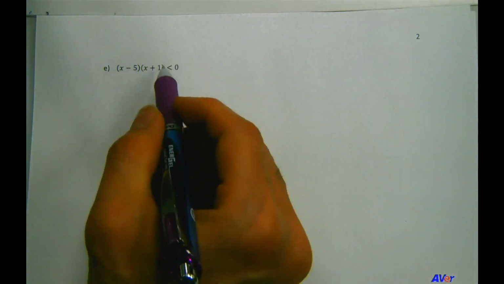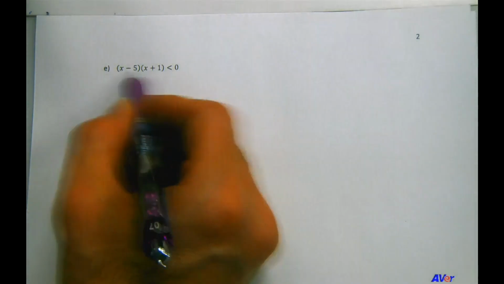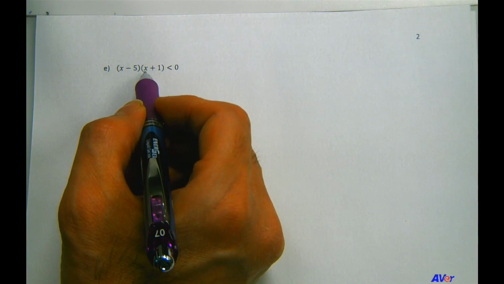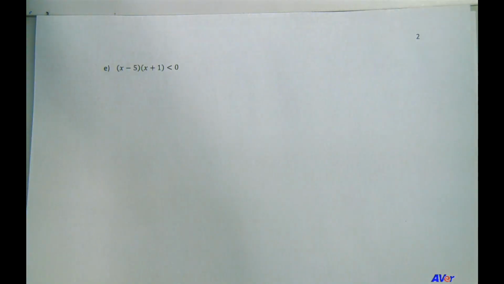And that method is first find what would make this left side equal to 0, and treat those solutions as the threshold or boundary solutions. So let's see what I mean by that.